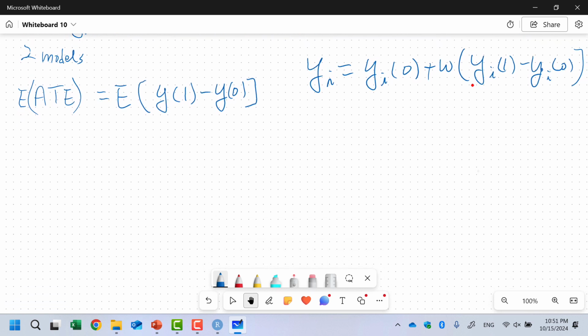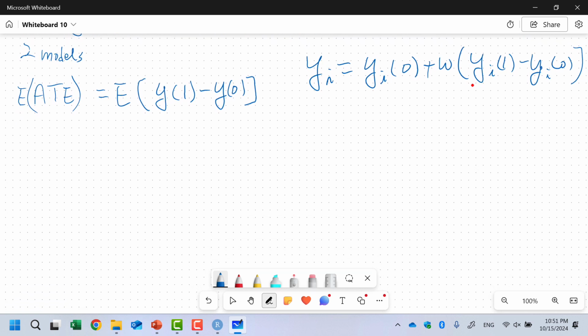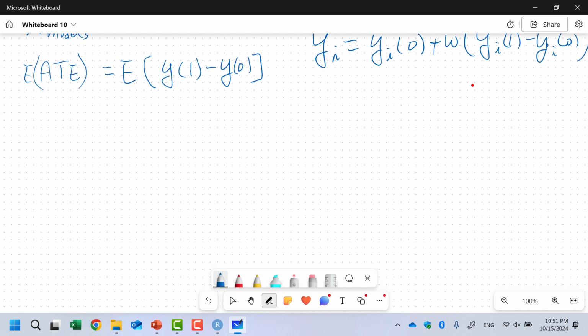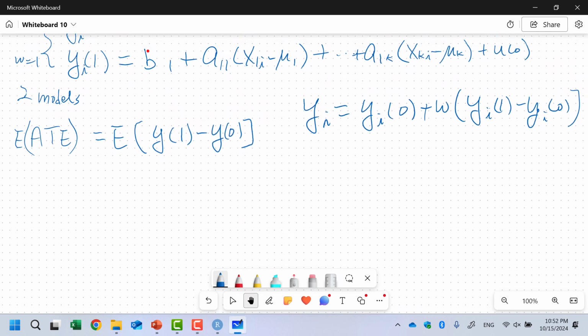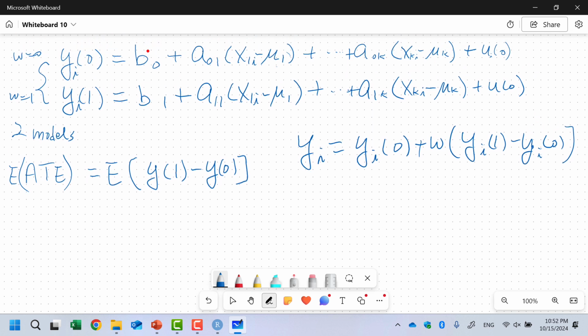So we just write down y, right? And if you calculate this yi using this formula, just replace this one.